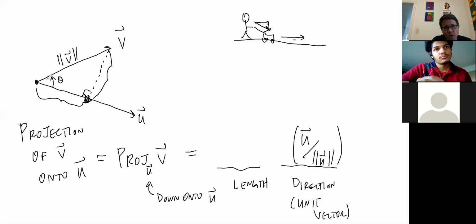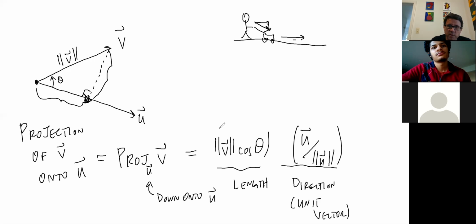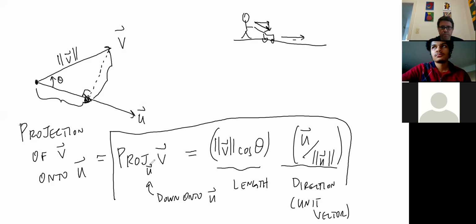So if I took the cosine, I would get the length of the bottom divided by V, which means that if I wanted to get this length here, it's the cosine of the angle times the length of the hypotenuse. This is basic trigonometry. This length is the length of V times the cosine of the angle. And boom, you get your formula for the projection vector.